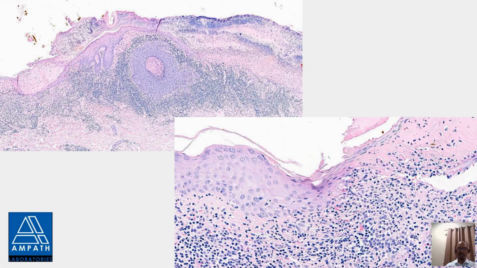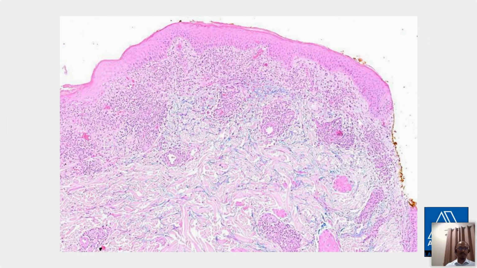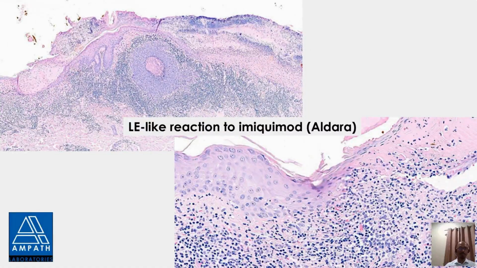There were also some dyskeratotic keratinocytes. And this particular histology mimicked lupus. And when you do the Alcian blue stain, there will also be mucin. And if you have not been provided with the history, you might mistake this for cutaneous lupus erythematosus. Meanwhile, it's just a lupus erythematosus-like reaction to Aldara.